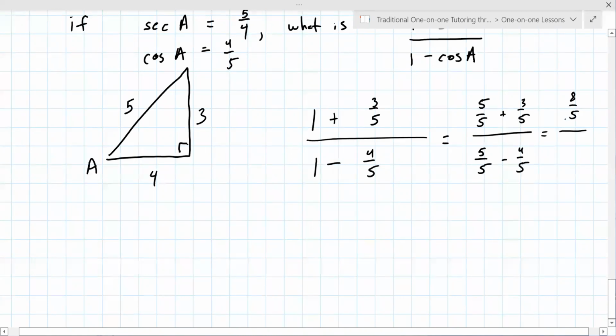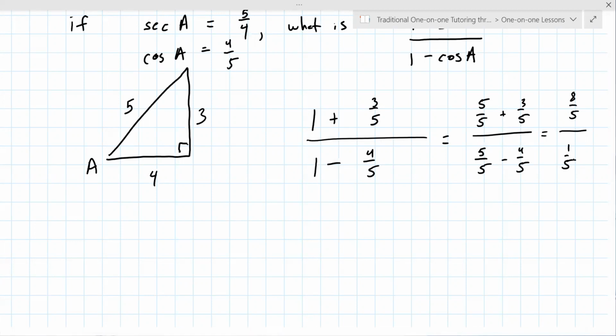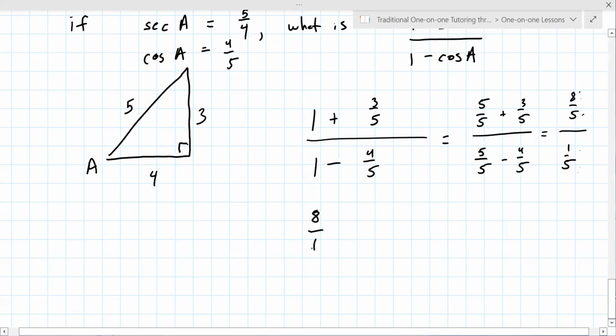You're going to add or subtract in the denominator. Now I don't remember if we covered this because this doesn't happen all that often, but when the two bottoms are the same, you just write the top numbers. So this becomes 8 over 1.